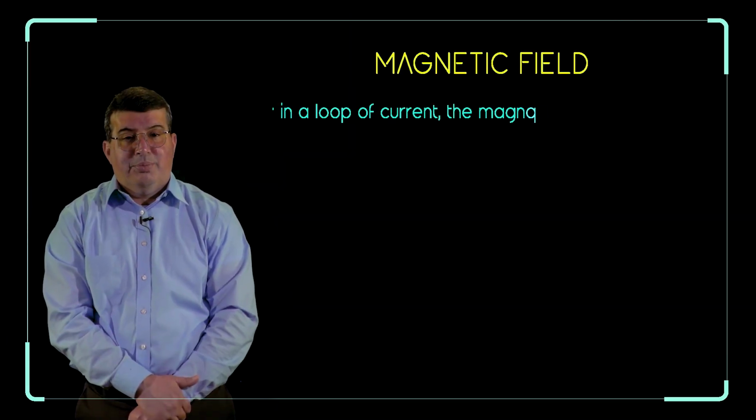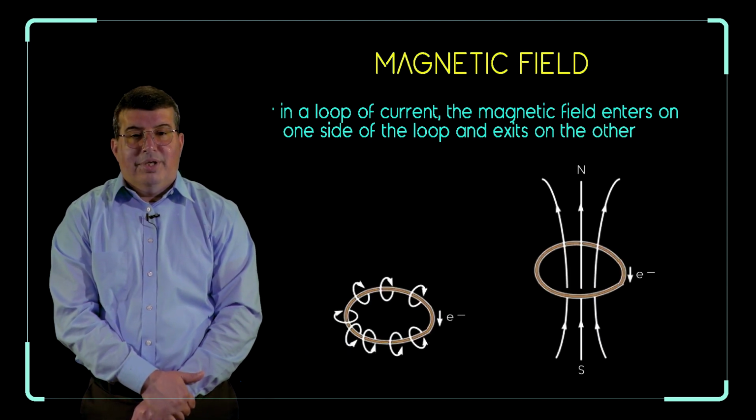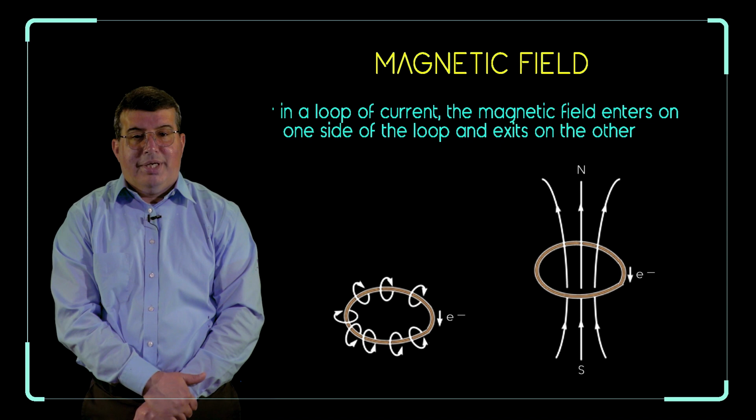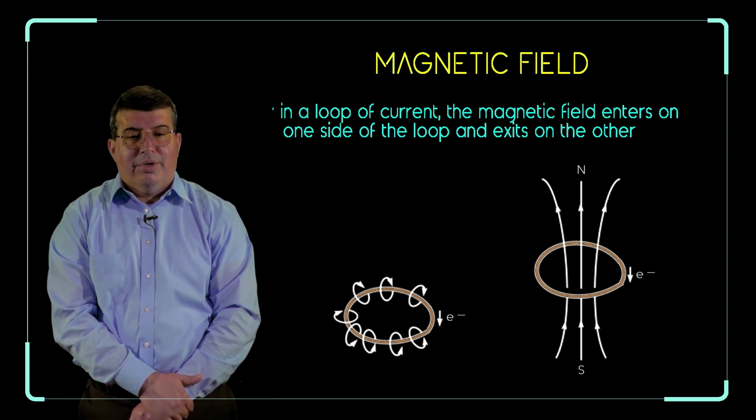Now we also know that electric current flows in circles and circuits. So let's look at the magnetic field of a circle of current. Here I have a small circle of current, and the magnetic field created by that circle of current loops around the current.